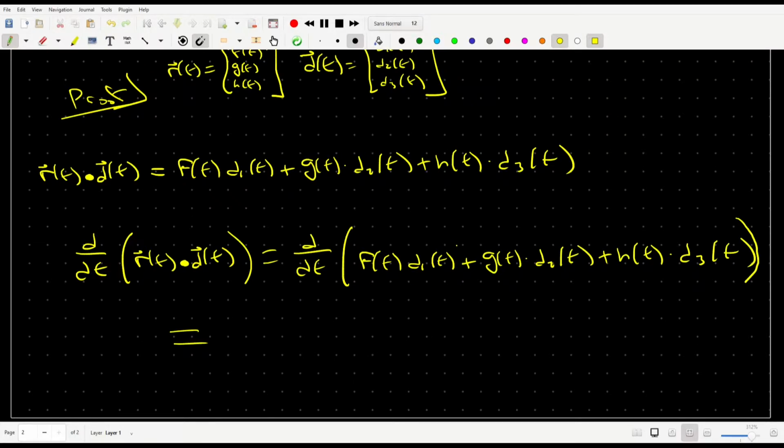You can do the product rule on each one of these individual terms to get df dt times d1, or f prime, plus f of t times d1 prime of t.